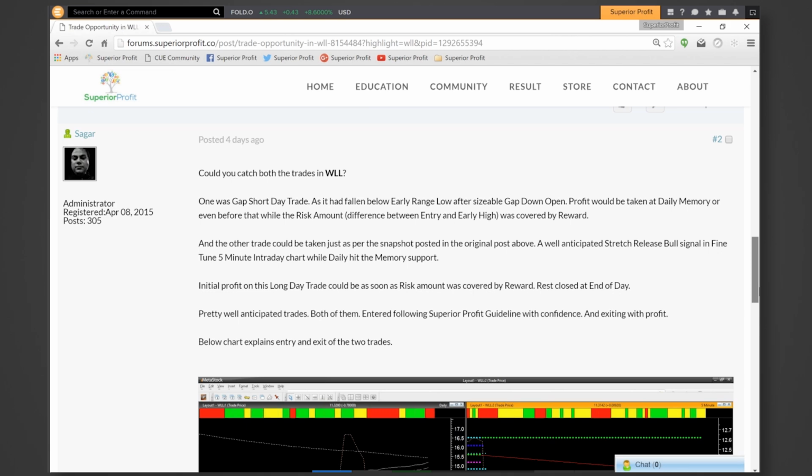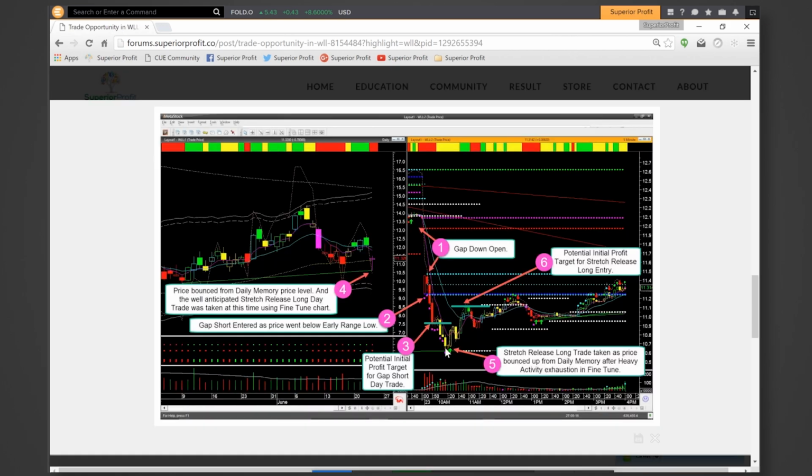Okay, another way of taking profit for my day trade, the standard way, is this: when I entered the trade, my stop loss is just below the recent low. So this was my stretched reversal at daily chart memory line entry point. So my risk distance was from entry price to the low.